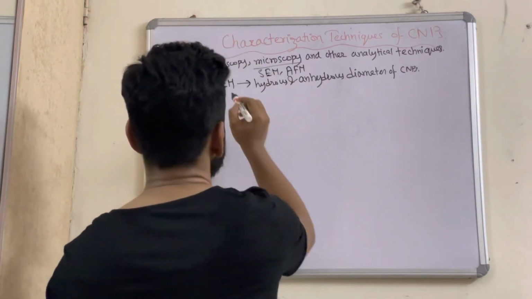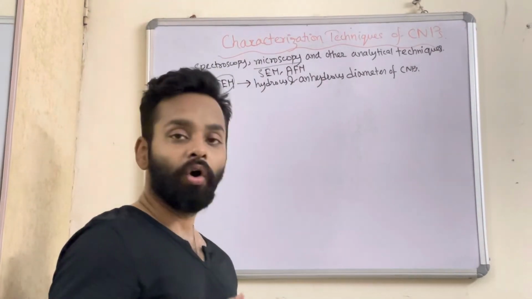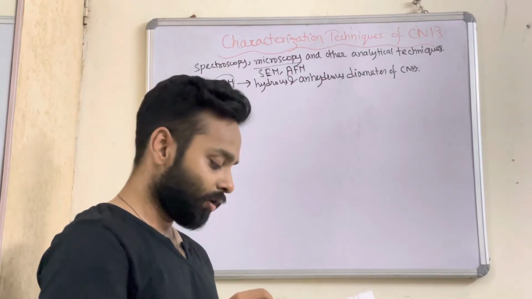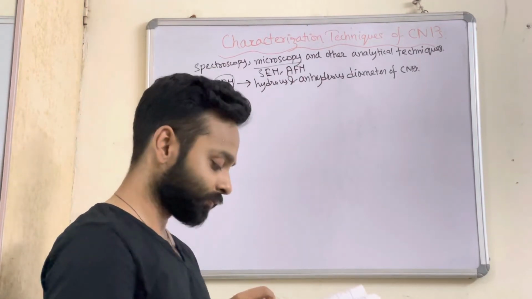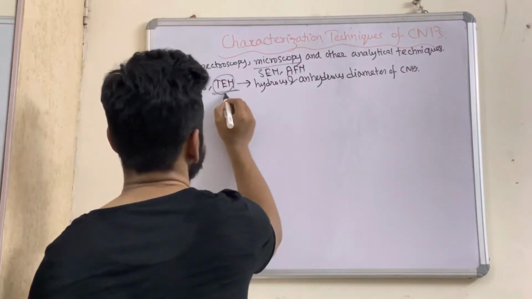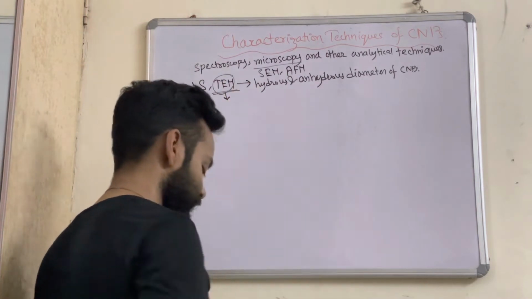Now, this transmission electron microscopy or TEM is also applied for studying the orderedness of the composition, the different patterns of the surface properties or the overall properties of the synthesized carbon nanoparticles.